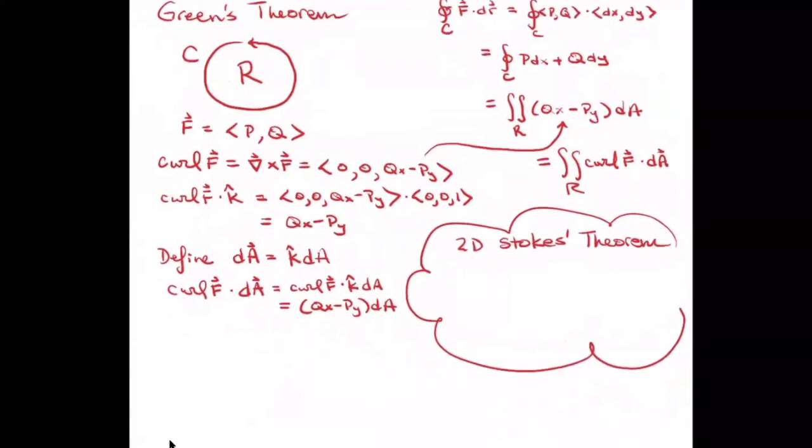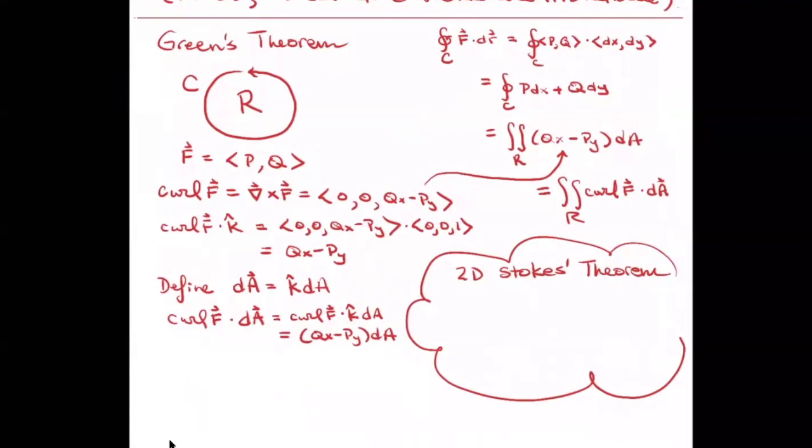The two-dimensional Stokes' theorem just says this: this work integral, F dot dr, counterclockwise around curve C, is the same thing as a double integral over the region contained by C of the curl of the field dot dA.